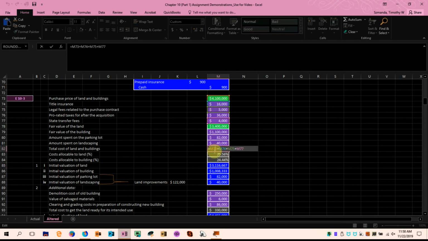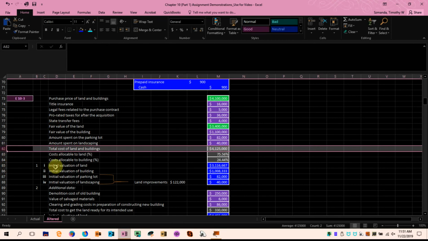One thing I want to add is that in the total cost of the land and buildings, in addition to the purchase price, you're going to add in the other items that relate to its cost, which we discussed earlier, like title insurance goes in there, legal fees related to the purchase contract, as well as state transfer fees.